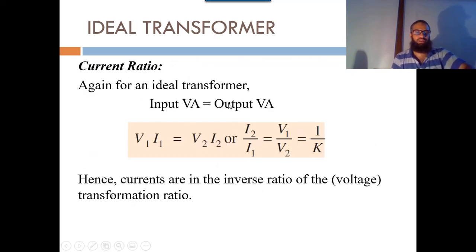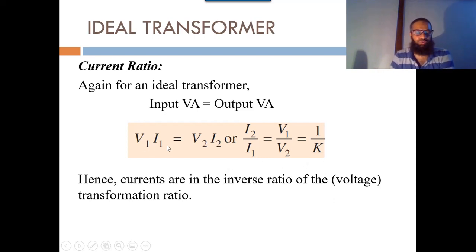So the mathematical equation of the transformer is that the input power is equal to the output power. That means V primary I primary is equal to V secondary I secondary, and if we calculate the ratio of the transformer, then I2 over I1 is equal to V1 over V2, and this ratio is 1 over K, and K defines the ratio of the number of turns.